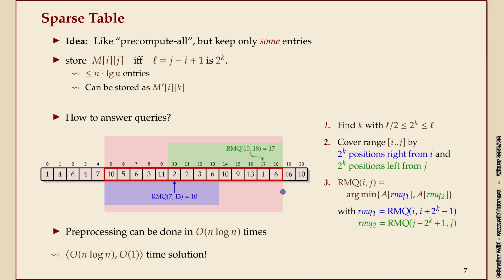So you do precisely the same trick as here to get the minimum of a new range that's double the previous size. There are going to be 2 that cover it, and there's the range minimum that you've computed iteratively before. You find the minimum of those 2. That's going to be the minimum of the entire range. So in constant time for each entry, you can compute this, which means the pre-processing time is n log n.